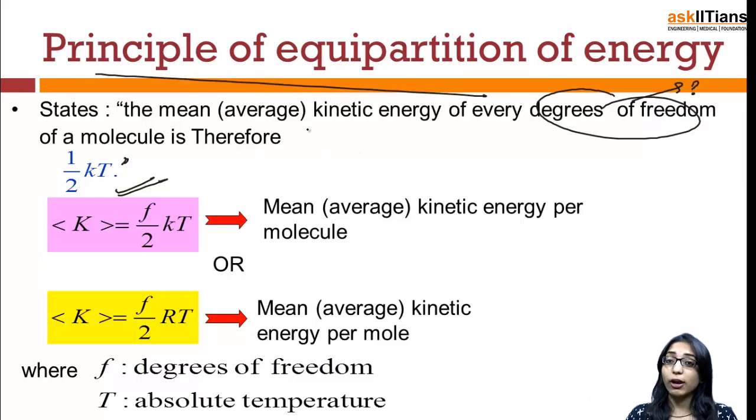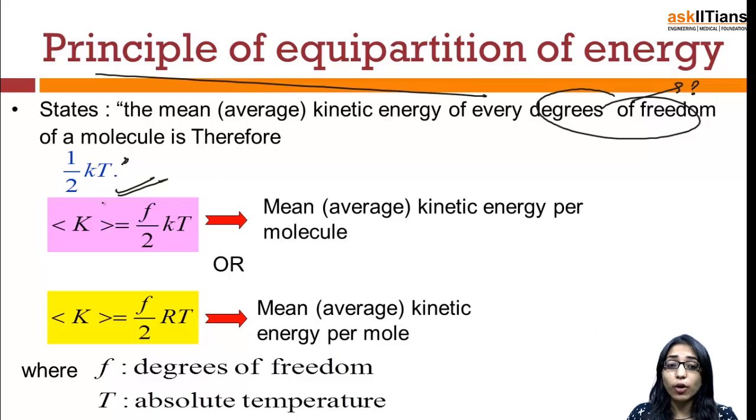According to the principle of equipartition of energy, the average kinetic energy of every degree of freedom is half kBT. So if you know the total number of degrees of freedom and the kinetic energy associated with 1 degree of freedom, you will be able to find the total kinetic energy associated with all the degrees of freedom.